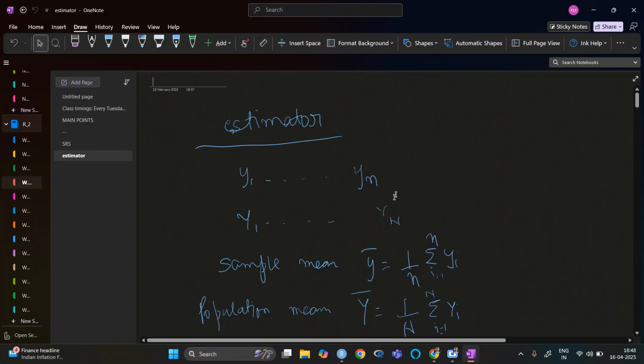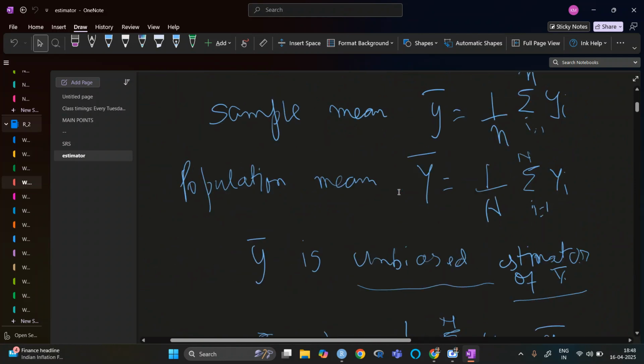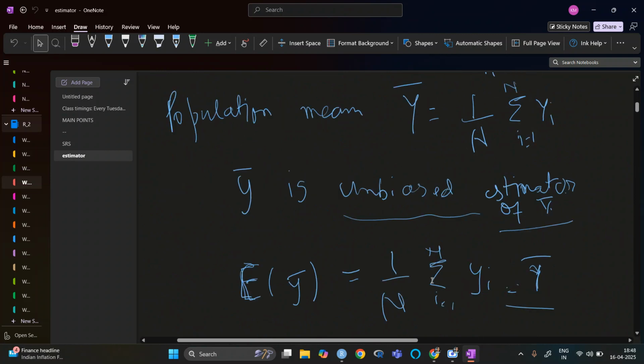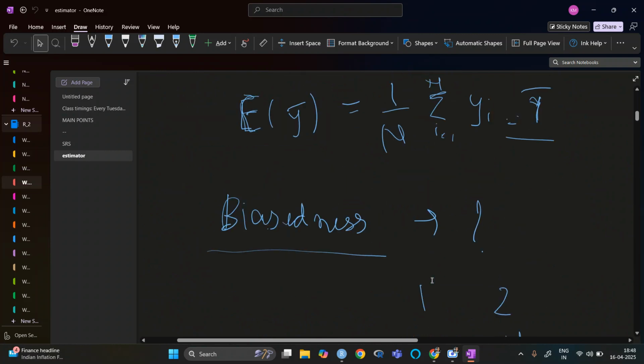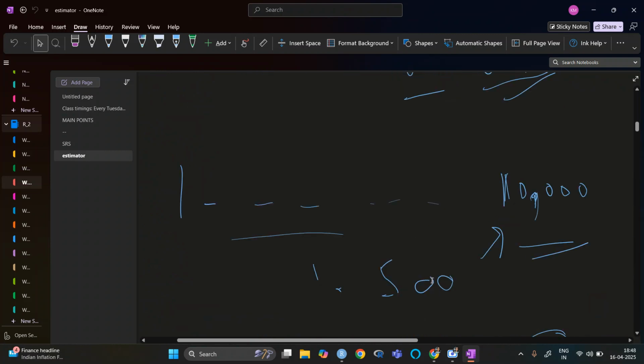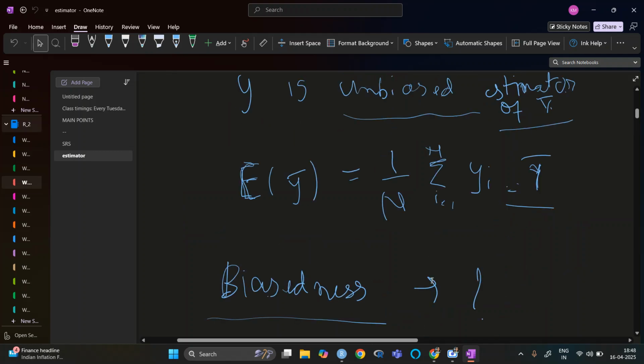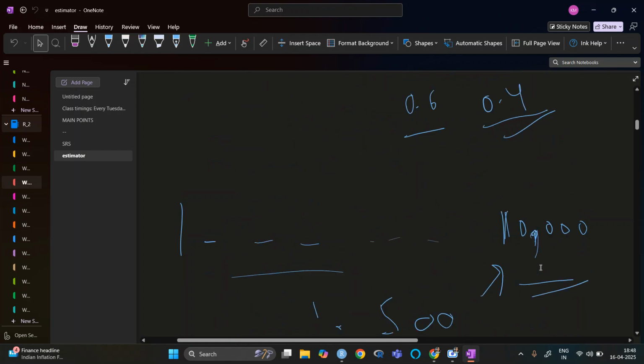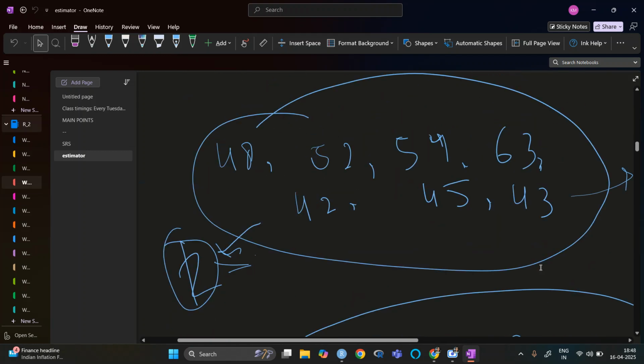For the estimator, the sample mean is the unbiased estimator of the population mean. Its expectation needs to be equal to the population mean.